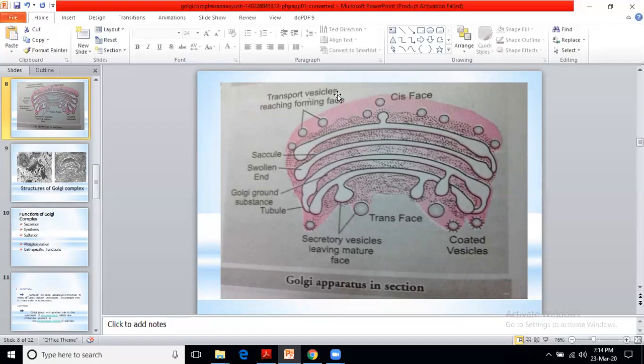After processing, packaging or synthesis or other processing, these biomolecules can be released by this phase. This is the trans phase.